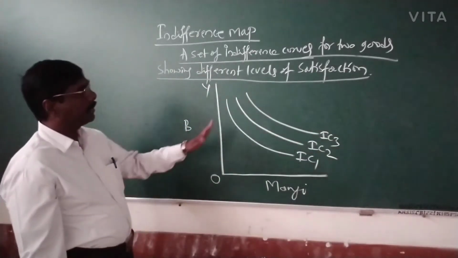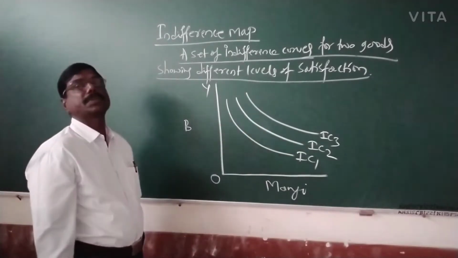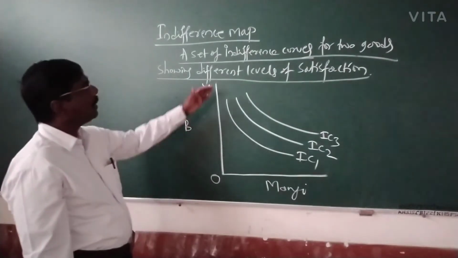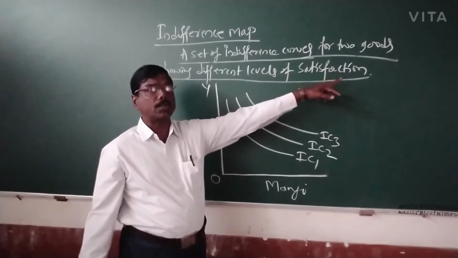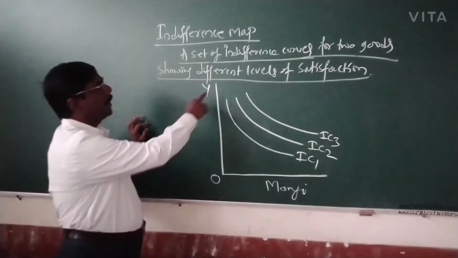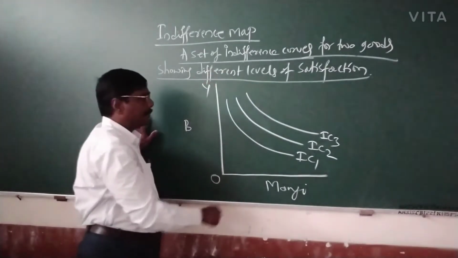There are three indifference curves for two goods showing different levels of satisfaction. It is known as the indifference map.